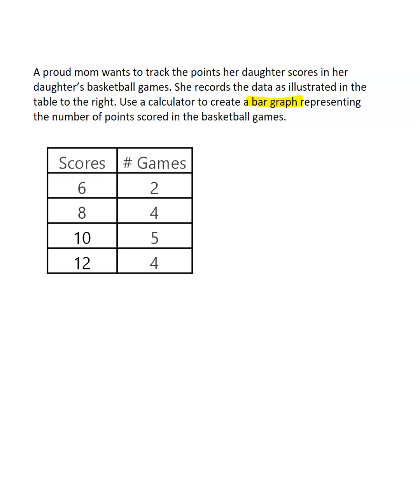You can change it to something else, but it's meaningless because we want it to occur only once. So this data, what I'm going to do is I'm going to rewrite this data. Even though it is summarized for us, unfortunately, I have to undo this and write it as a single list. So we know that the daughter scored 6 points in 2 games, right? So that means the 6 repeats. Use a different color. So 6 repeats twice.